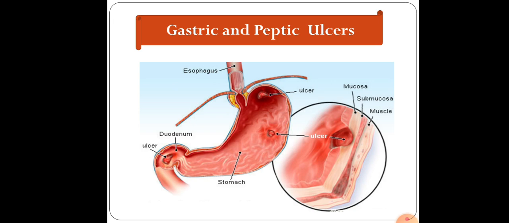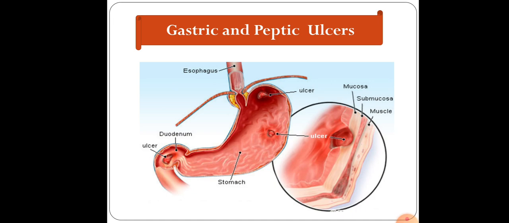When the ulcer is in the duodenum, the most common site is the first part of the duodenum. When the ulcer penetrates deep into the wall, the most common site is the posterior wall of the first part of the duodenum.